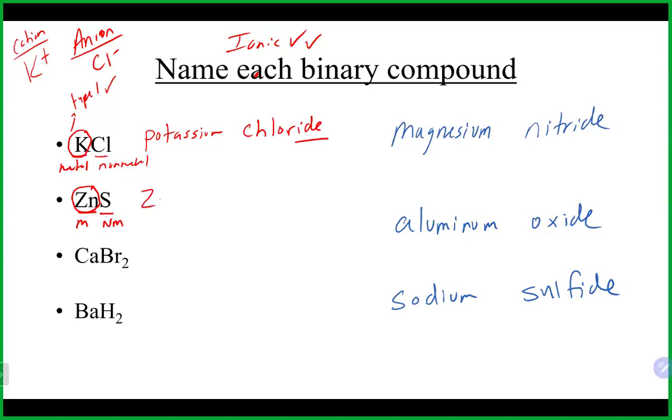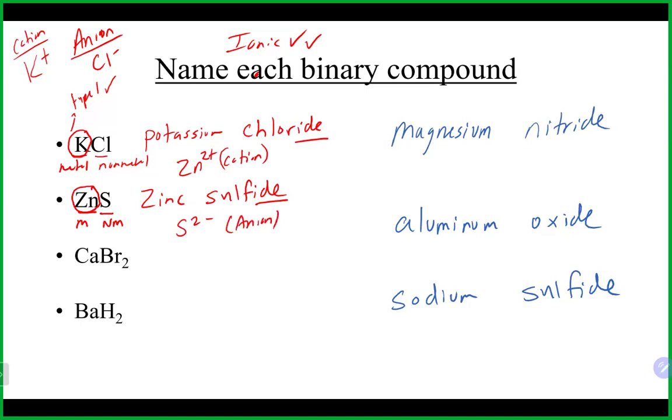I'm going to use the whole name of my metal, which is zinc. Sulfur is going to get the IDE treatment at the end of it, and this would be zinc sulfide. The formulas for the cation and anion here: zinc is always plus 2, so that would be our cation formula. And our anion here is group 6 for sulfur, which would be a minus 2 charge.